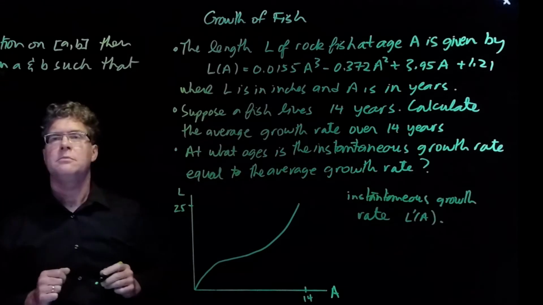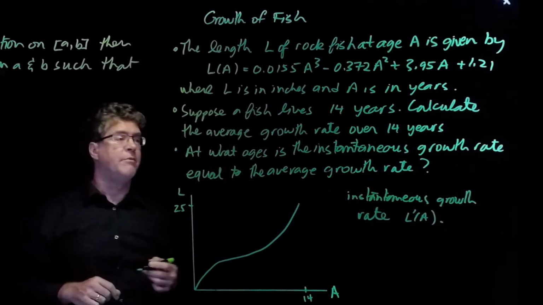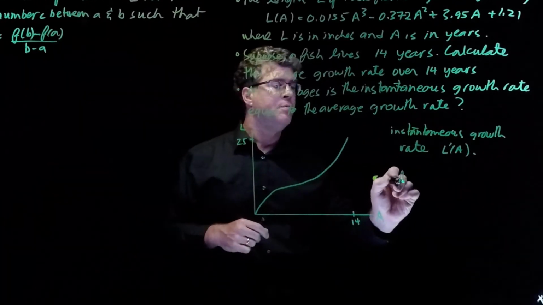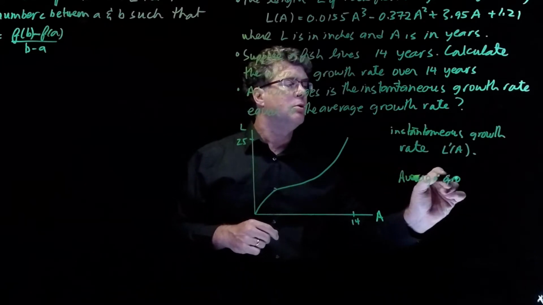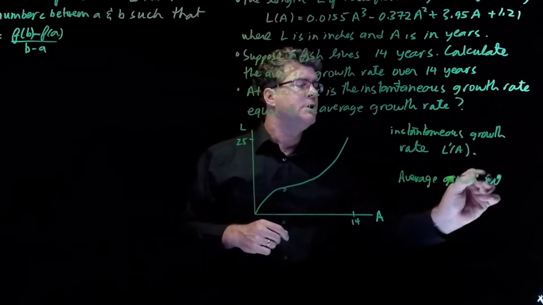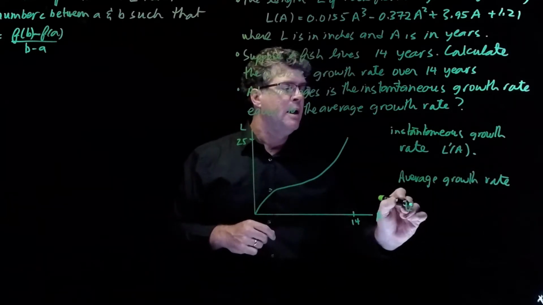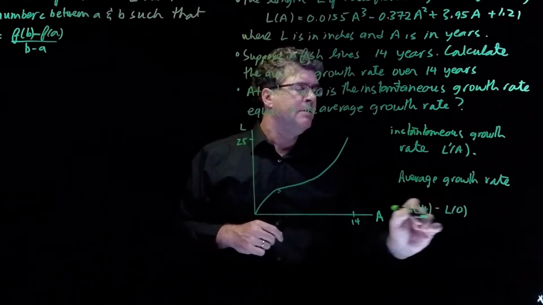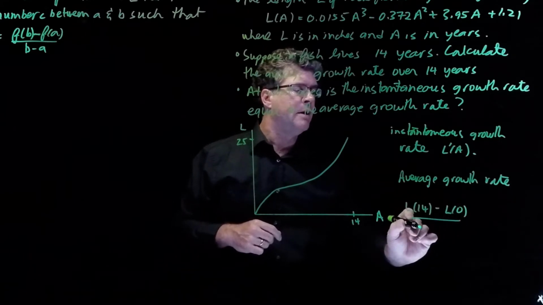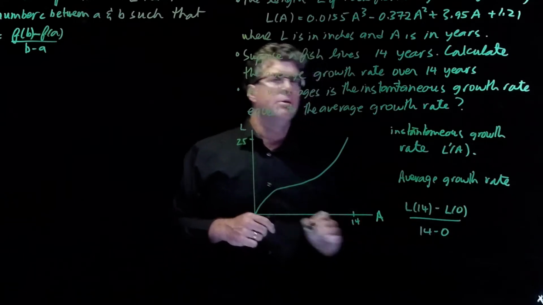Okay, so let's start with the average growth rate between age 0 and 14. That would be L at 14 minus L at 0, divided by 14 minus 0.